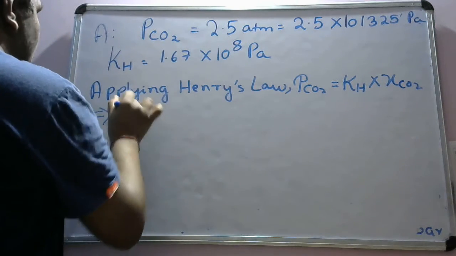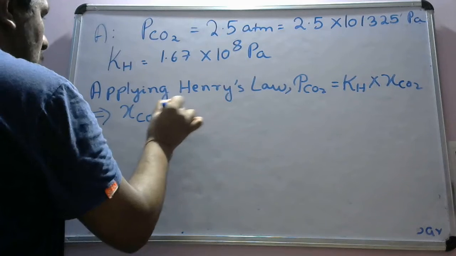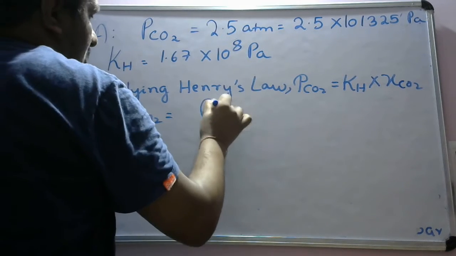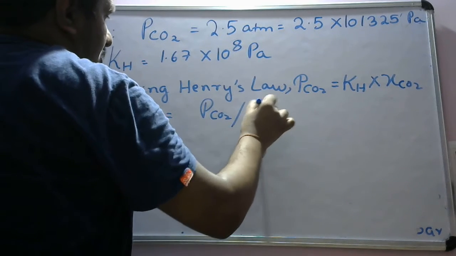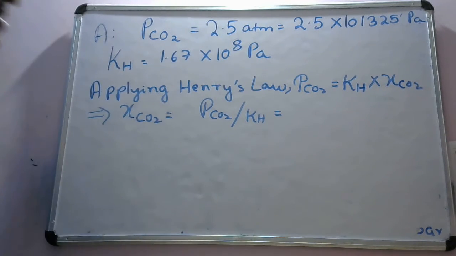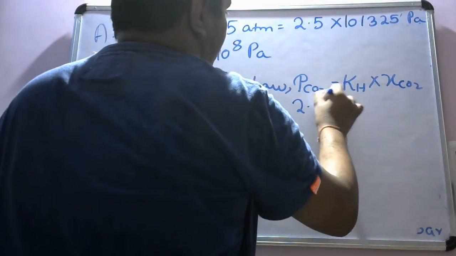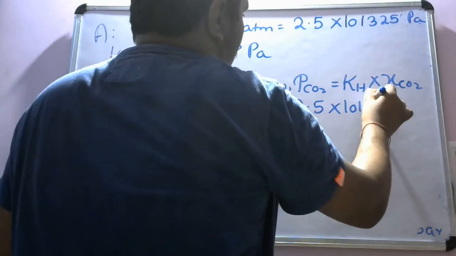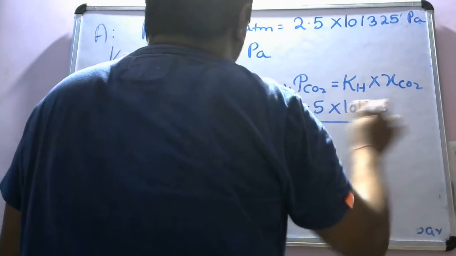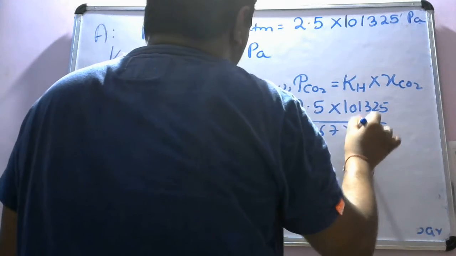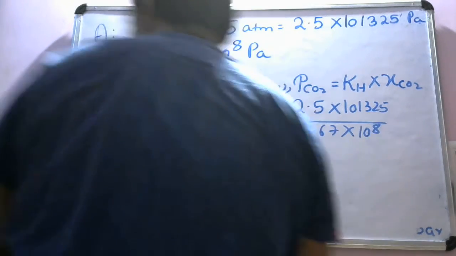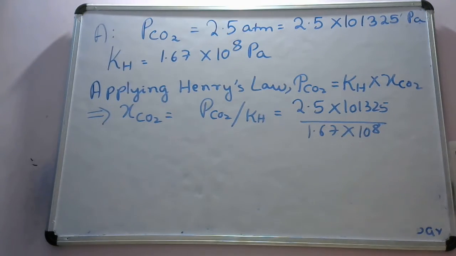So this implies that mole fraction of CO2 is equal to partial pressure of CO2 by KH, that is 2.5 into 101325 Pascal by 1.67 into 10 to the power 8 Pascal. Now when you calculate this, you will get 1.5517 into 10 to the power minus 3.